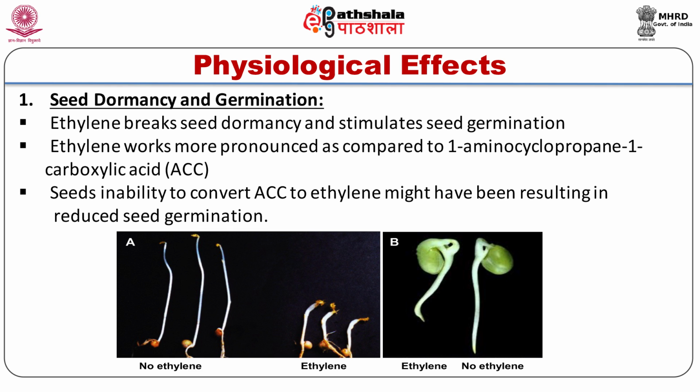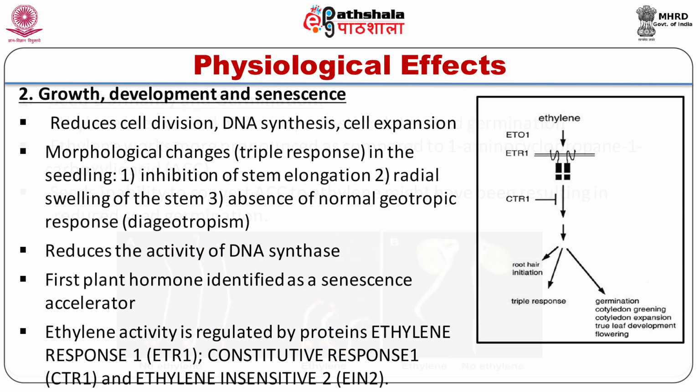However, the effect of ethylene on germination is more pronounced than that of ACC. Together, these facts suggest that the seed's inability to convert ACC to ethylene is responsible for reduced ethylene production that inhibits seed germination.